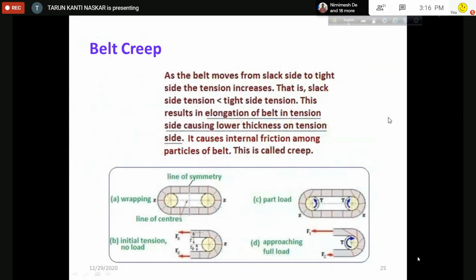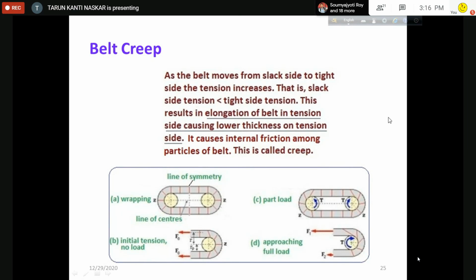Now the last item for belt is belt creep. Now belt creep is a simple thing. Suppose there is a belt. You just first of all try to understand my point. There is a belt. So there is a tension side and there is a compression side. Okay. So the tension side is under tension, and the slack side will be under compression.